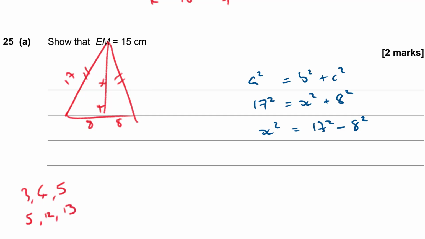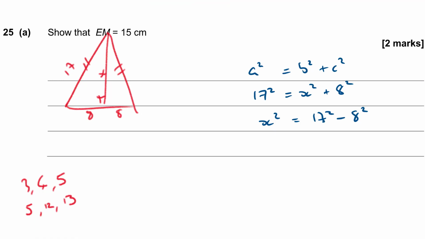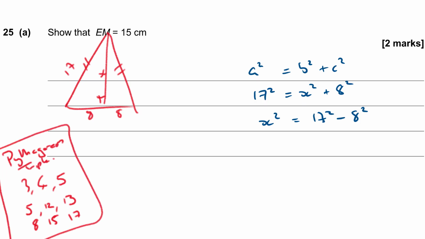But did you also know that 8, 15, 17 is also a Pythagorean triple? If you didn't, it would be a good idea to memorize this, because they come up a lot. Okay, so this one you should already know is going to be 15, but otherwise you could go through the motions and work it out.